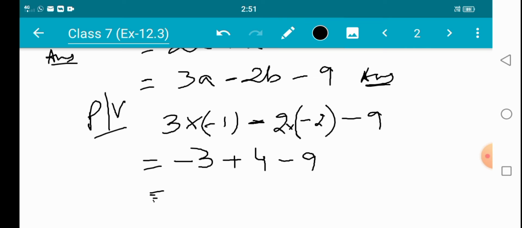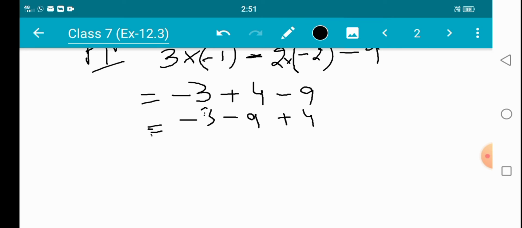What we can get here is -3 and -9, then plus 4, arranging according to the sign. Now minus 12 plus 4 will be minus 8. So it is our second answer.